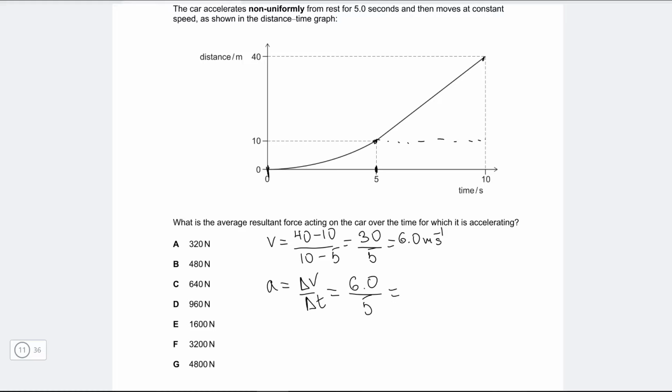So this will be equal to 6 divided by 5, which is 1.2 meters per second squared of acceleration, which means that the average force will just be the mass multiplied by the acceleration, and the mass is 800. So 800 times 1.2 is 960 newtons, which means that the correct answer will be D.